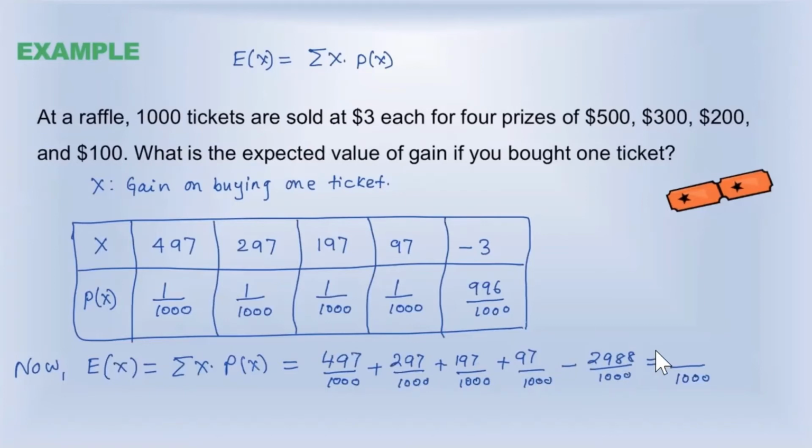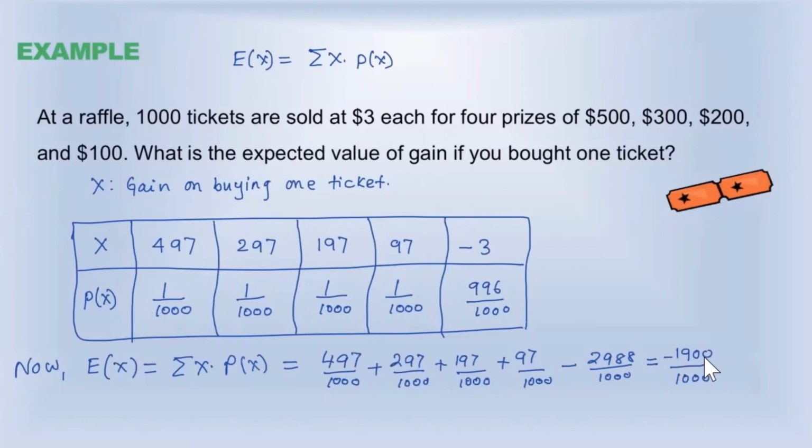Unmute yourself and give me what you get. What is the result? I got negative 1900. Make sure you check it. That's what it should be.